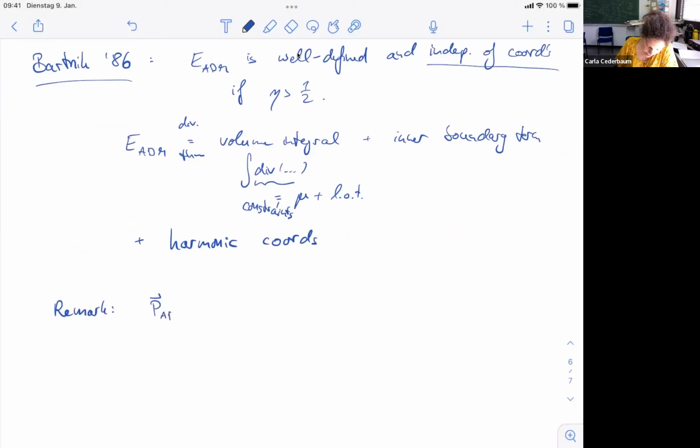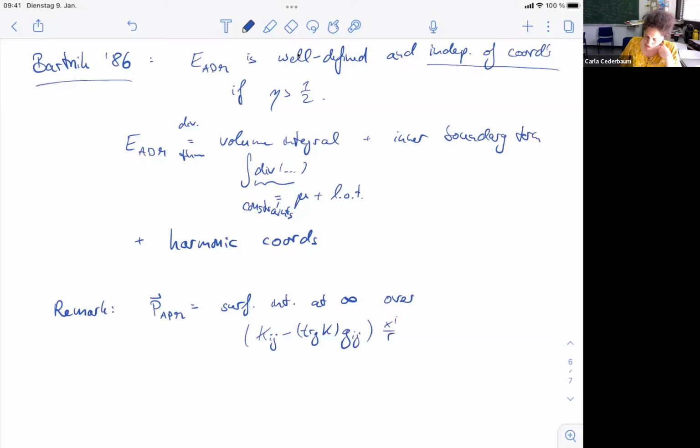PADM again is a surface integral at infinity. And it's over Kij minus trace Gk Gij xi over a. Yeah, I'm just copying it here. It's the same expression as above.